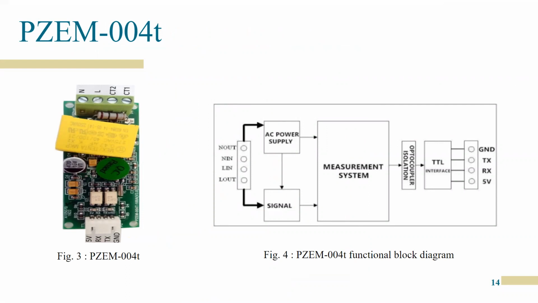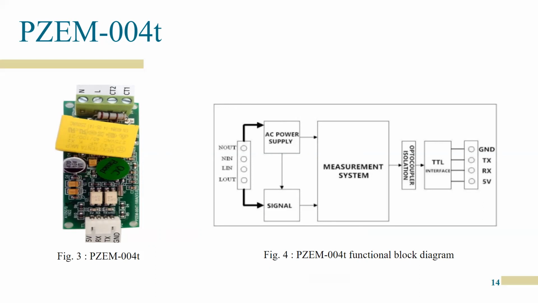In this figure, we can clearly see the inputs and how the line and neutral are connected to the sensor. We have 4 pins on the high voltage side, that is line and neutral, which are then taken out to the load. On the lower side we have signal pins, that is 5 volt and ground, then the communication pins, RX and TX.